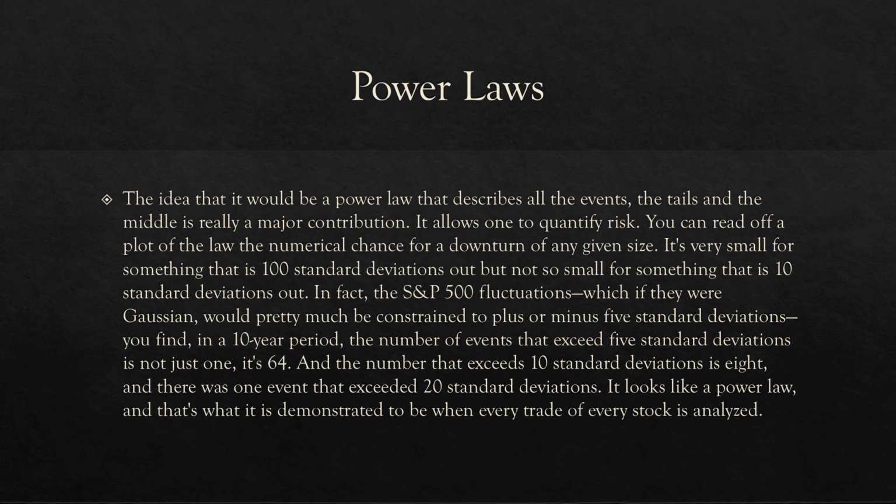It allows one to quantify risk. And whether you're trading or whether you're investing, risk is the most important factor that you can keep in mind. If you can read off a plot of the law of numerical chance for a downturn of any given size, it's very small for something that is 10 standard deviations out, but not so small for something that is 5 standard deviations out.